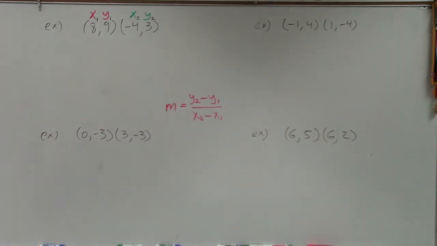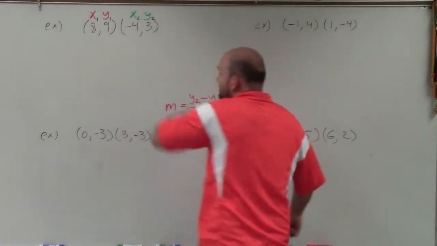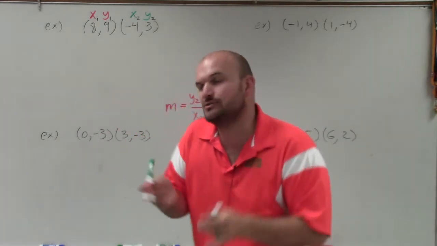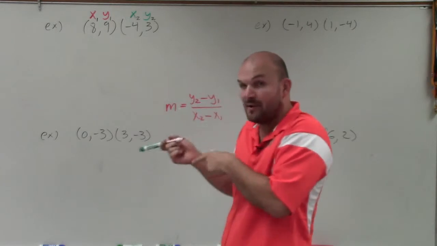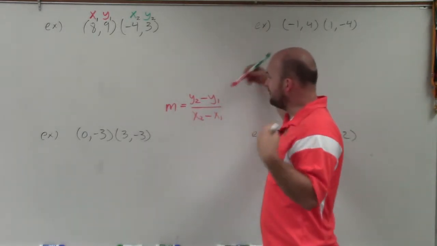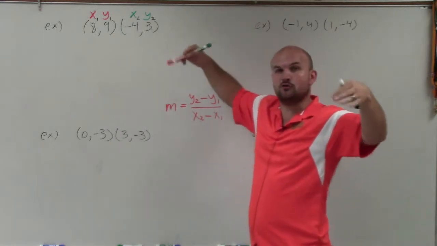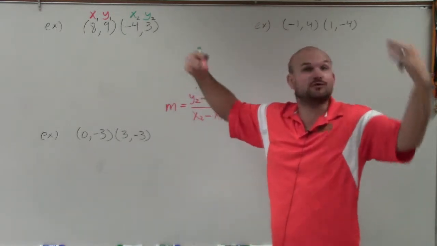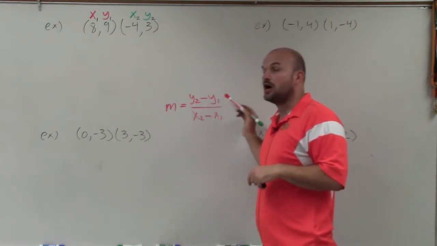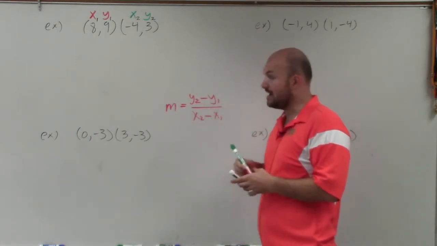And you don't have to label the first one as 1s and the second ones as 2s. You can switch that as well. It doesn't matter which one's which, as long as x1 goes with y1. Remember, slope is always the change in y over the change in x, or rise over run, right? So the change is the difference, subtracting our y-coordinates over subtracting our x-coordinates.